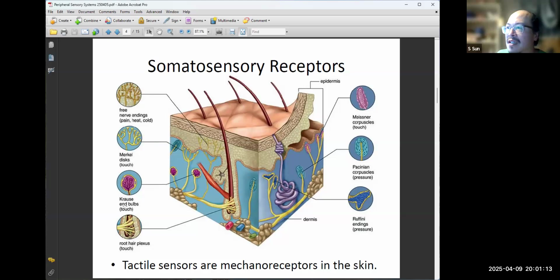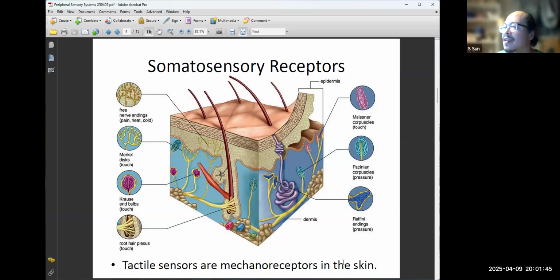Merkel's disc, Krause end bulb, and a lot of these are so-called mechanoreceptors. They feel when you touch, so you have to provide some mechanical, physical change. Meissner corpuscle, Pacinian corpuscle, Ruffini endings.